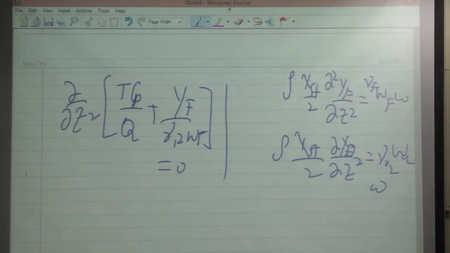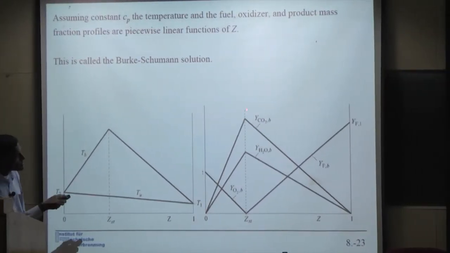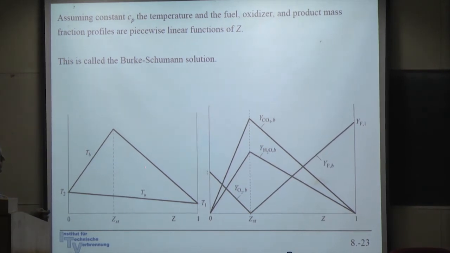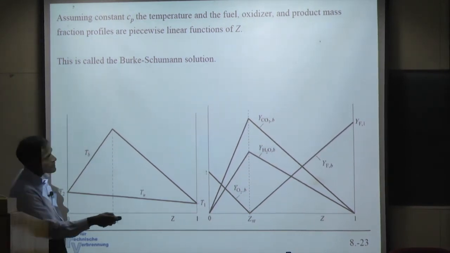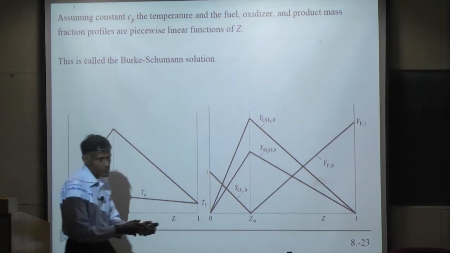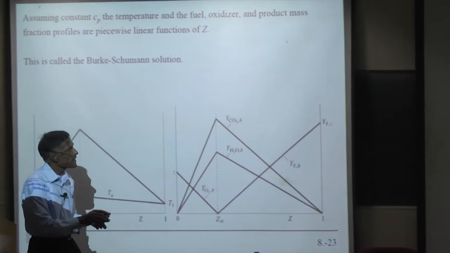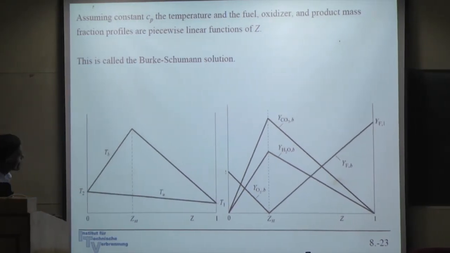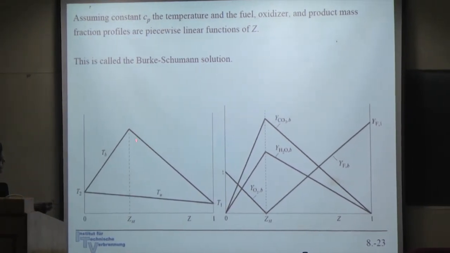Now with those coupling functions, it's possible to construct the so-called outer structure. This is the classical Burke-Schumann structure. You can obtain it by assuming there's an equilibrium flow on either side. So this is the outer structure. You can get the temperature profile.